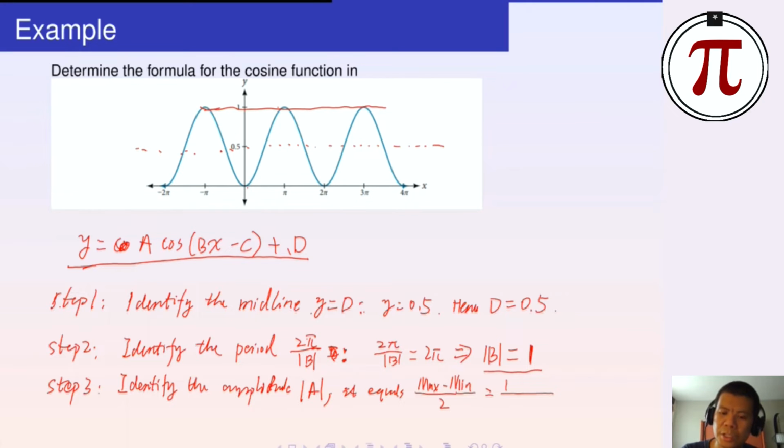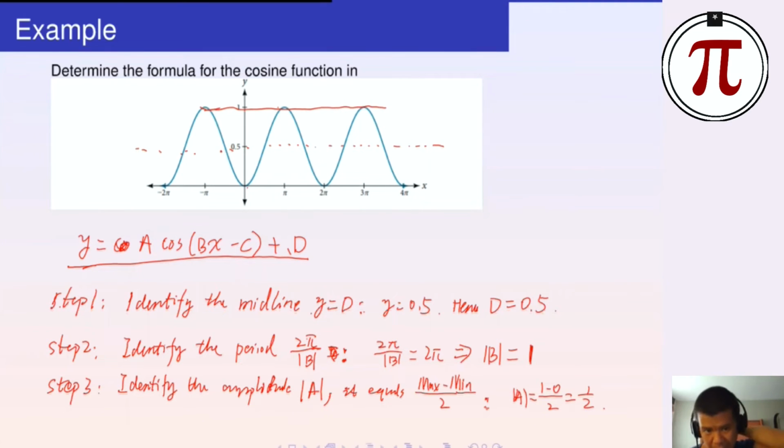This is the general formula: the absolute value of A equals the maximum minus the minimum divided by 2. So for this example, the absolute value of A equals 1 minus 0 over 2, which is 1/2. Very good.